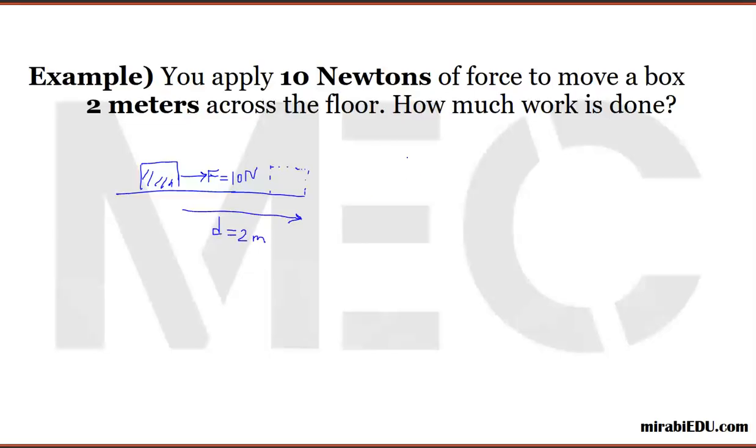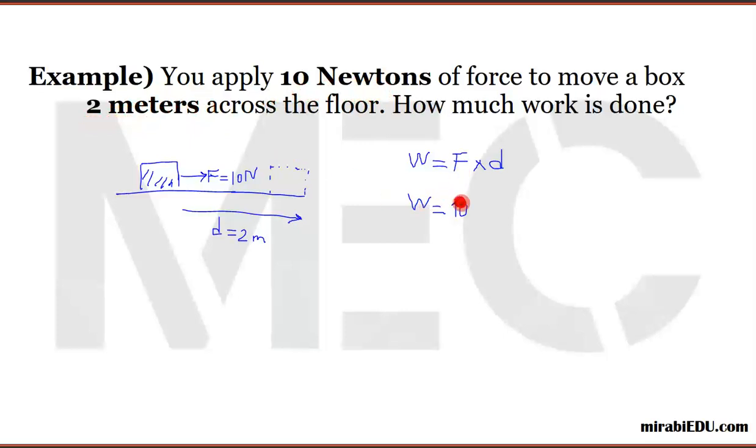So we apply the formula work equals force times distance. What is force? It is 10 Newton. All the units are in SI units, or the given units. We said the unit of force is Newton, the unit of distance is meter. All of them are standard units.